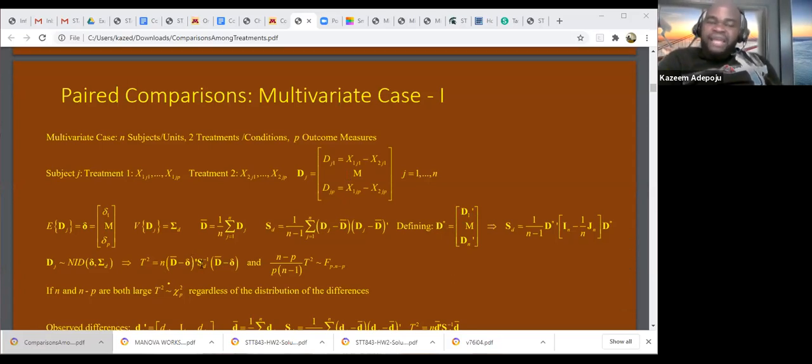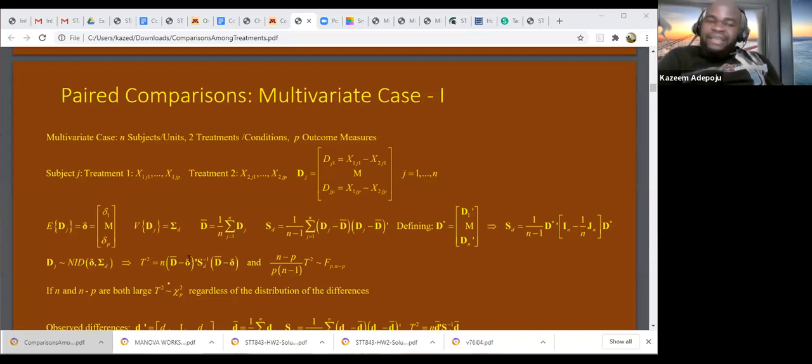Now, the idea of the Hotelling T squared can now be applied. Now look at the formula for the Hotelling T squared. For your information, the D bar right here is going to be the sample mean of the difference, and the sample mean of the difference is actually going to be a vector.